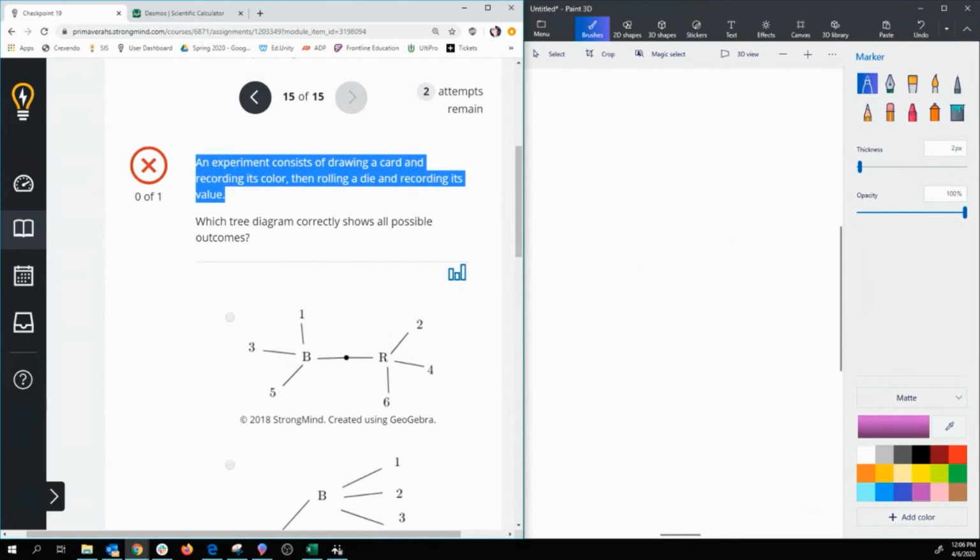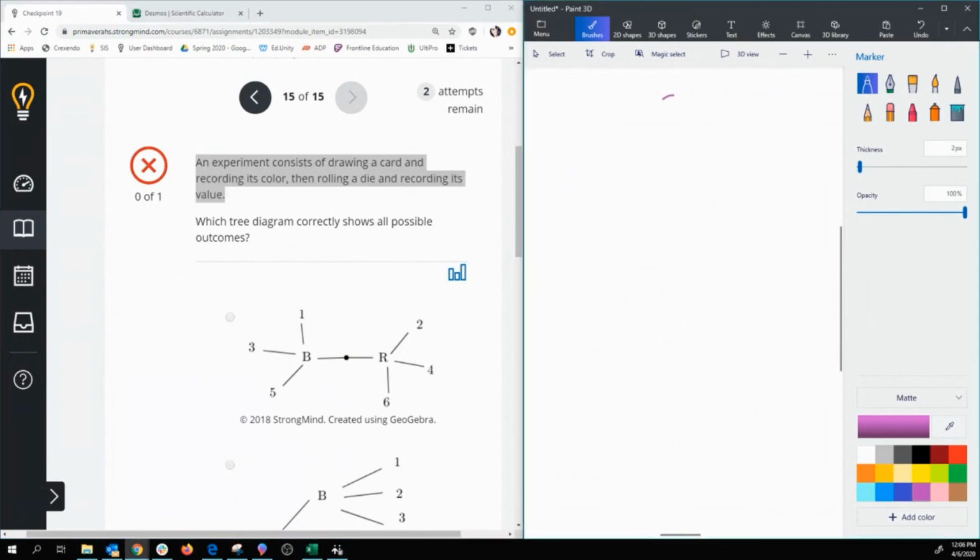All right. So Tristan says I could roll a 1 through 6 when I'm rolling my dice. He is correct. So if I start, I can either pick a black card or a red card. And then when I roll my dice, I can roll a 1, 2, 3, 4, 5, or 6.